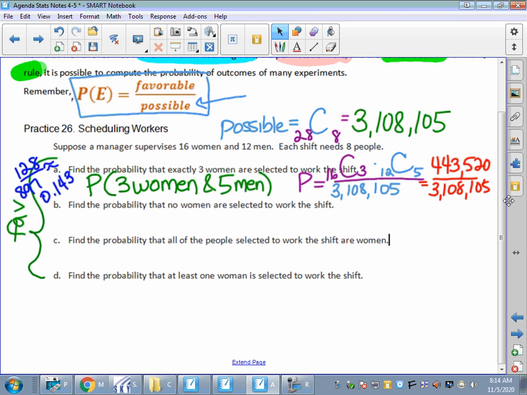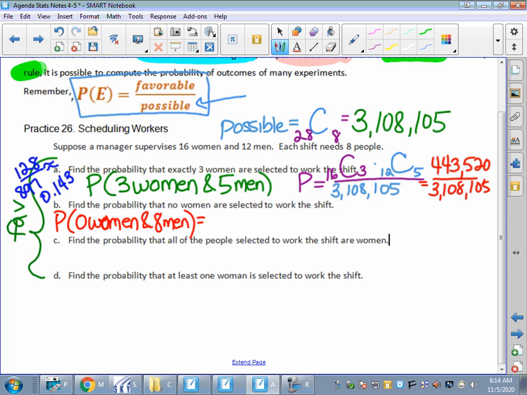So that means we're looking for the probability of 0 women, which means we still have a full shift, right? So that means I've got to have 8 men then. So that's going to be my favorable over my 3 million for my possible. So we've already decided, I hope that you're with me, that this is a combination. The order does not matter in which order they show up to work as long as they're there.